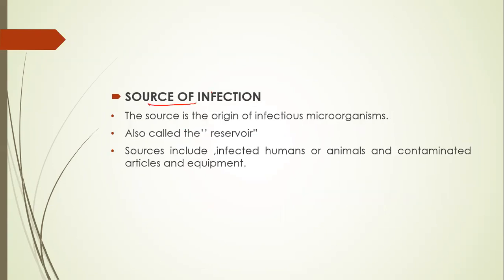Then sources of infection. In our environment, we can see a different range of sources from which we get infection. The source means the origin of infectious microorganisms, from where these microorganisms come out. It is also known as a reservoir.